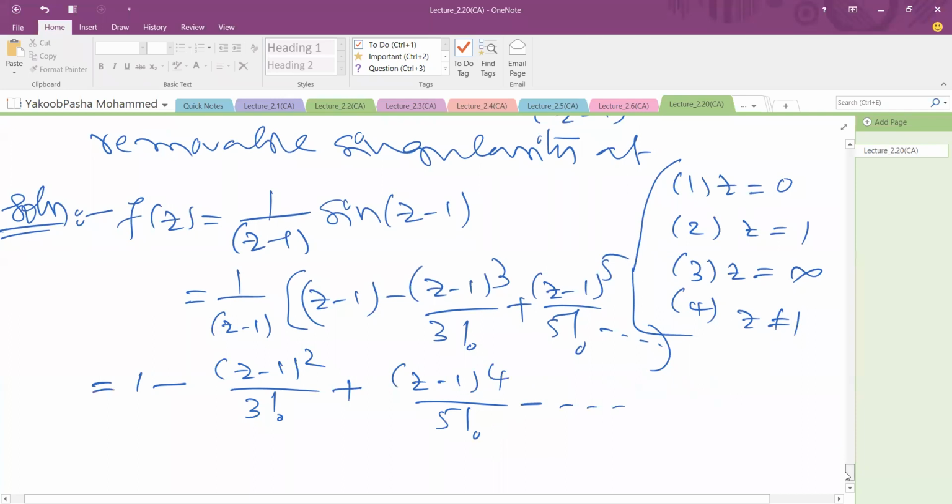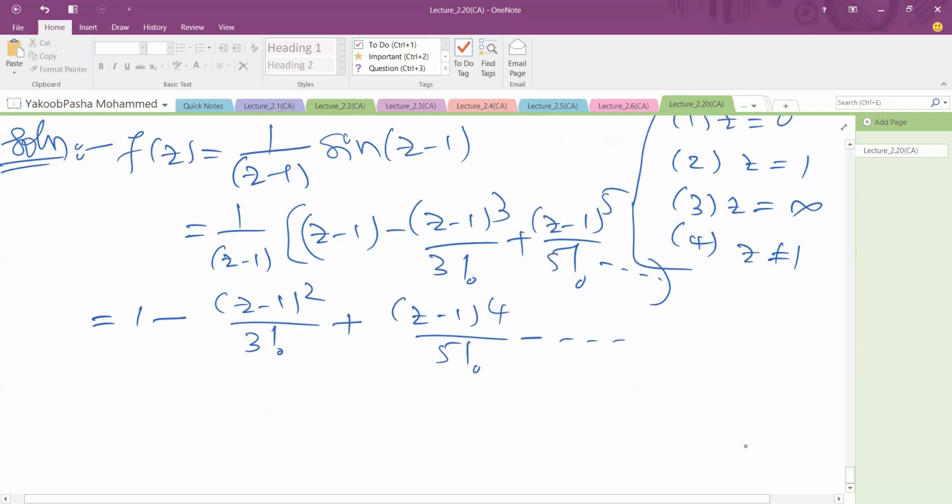Here we can observe there is no principal part. This is completely an analytic part only.